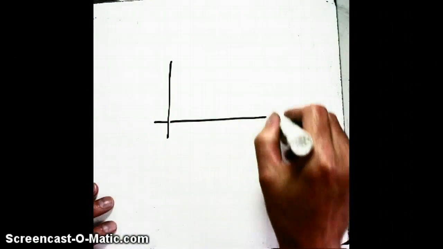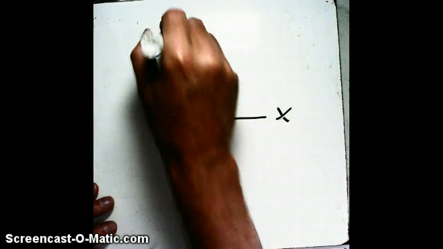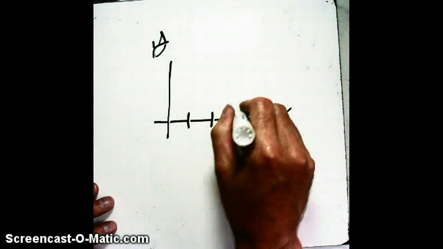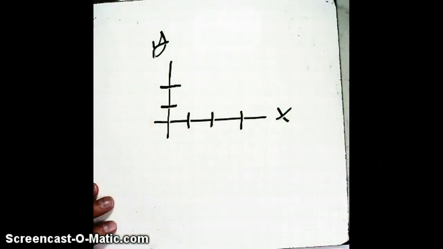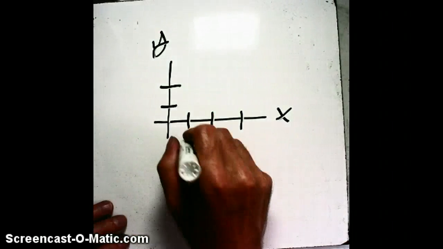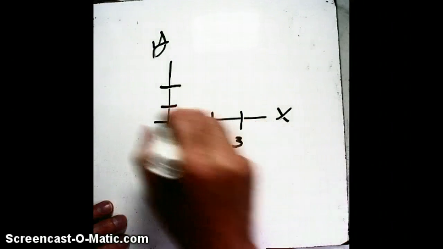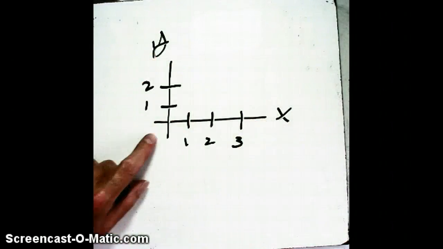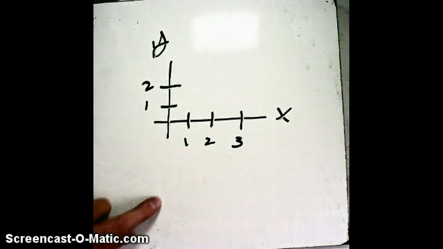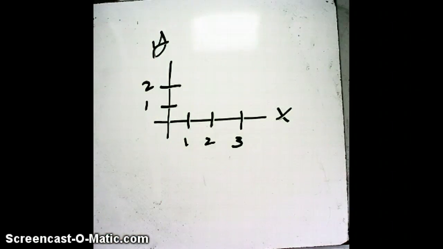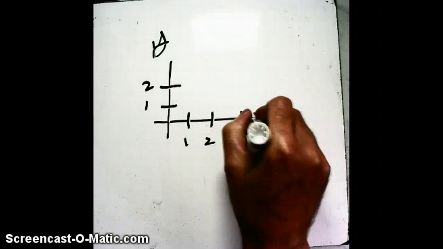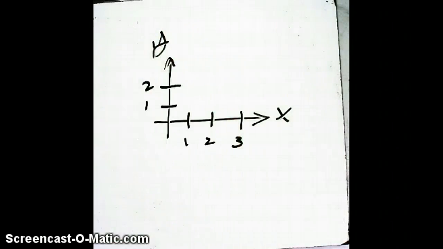The first thing that we need to do is we need to go back to this idea of the coordinate plane. Okay, these are called tick marks. That represents 1, 2, 3, 1, 2, and it goes negative going this way, it goes negative down this way. You have your x-axis and you have your y-axis.